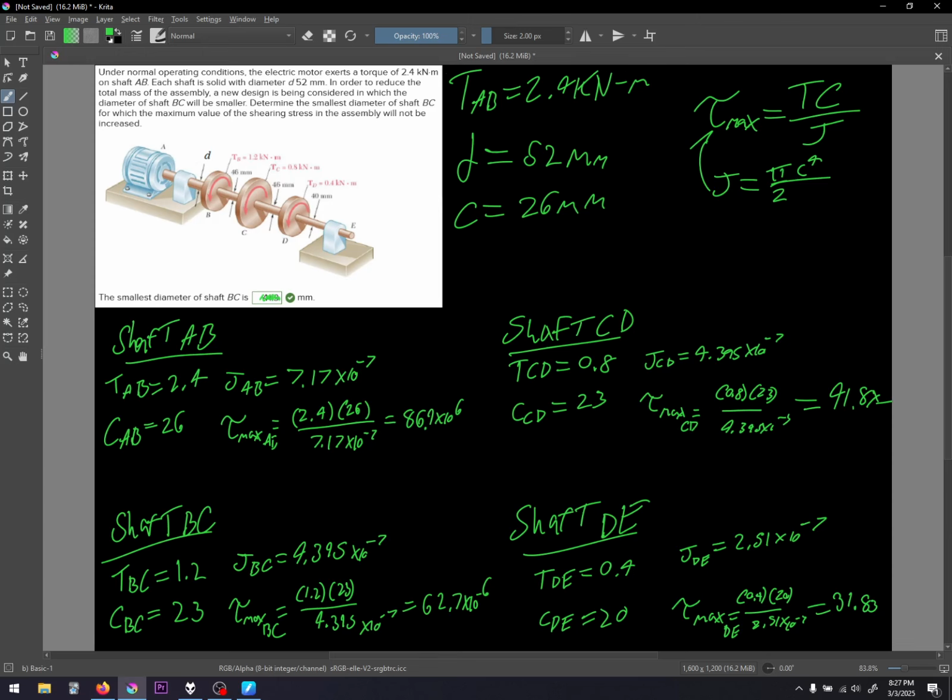The problem I'm having is it looks like I have different answers for this and this, and I can't explain why, because these are right. I used the same exact method for these two, so these two are wrong. How can I get half right and half wrong if I use the same thing for all of them? TCD is 0.4. I have it 0.8. That's clearly 0.8 there.